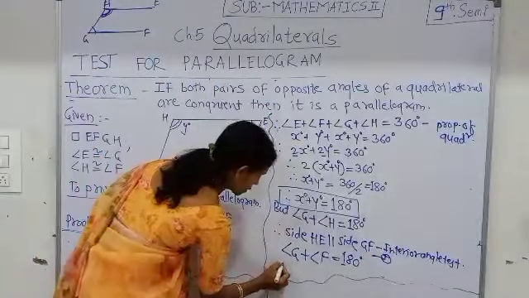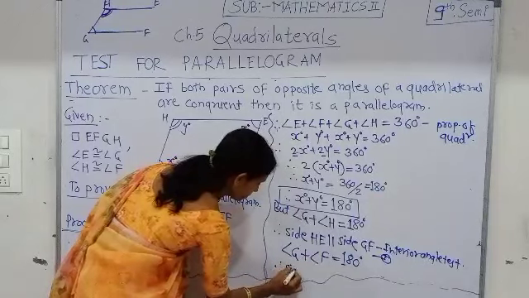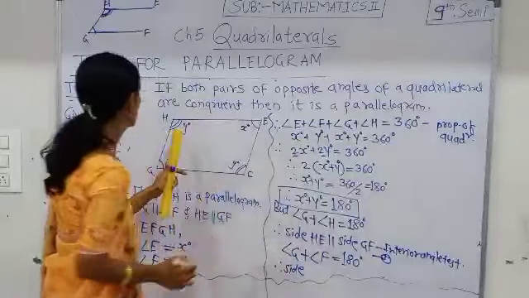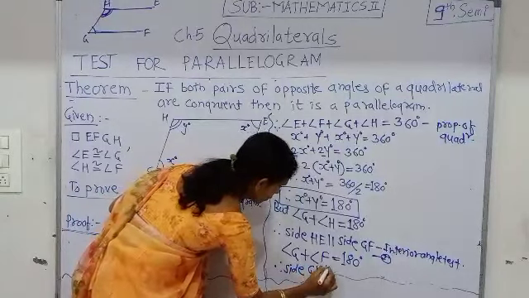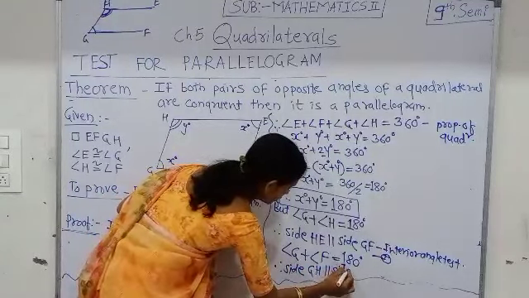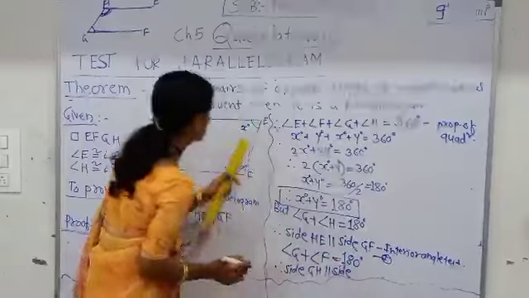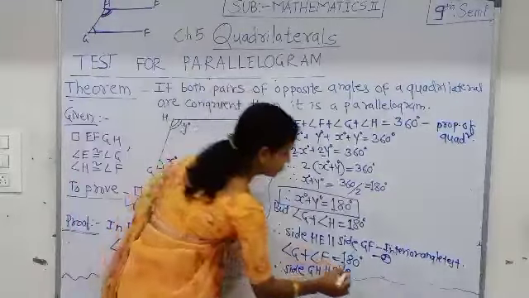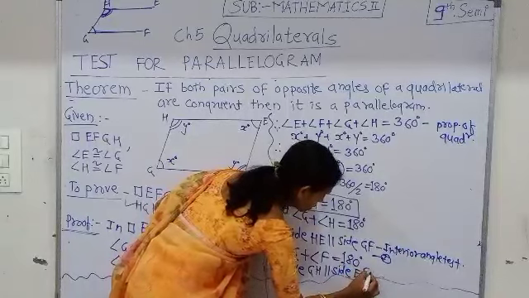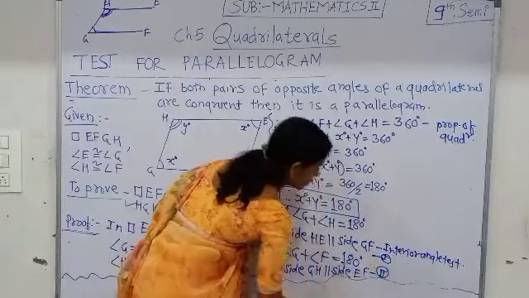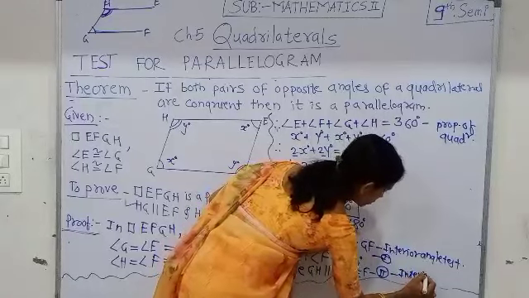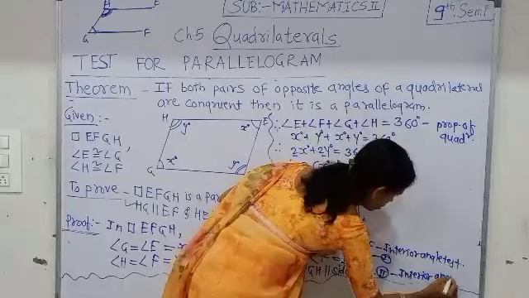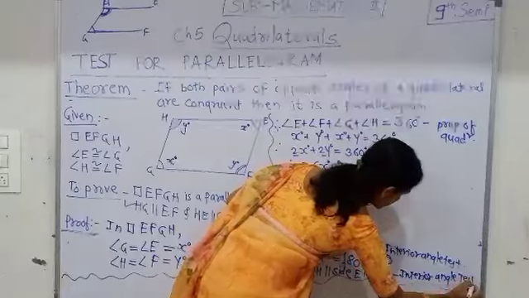Therefore side HG, or GH, is parallel to side EF. Let us consider that equation number 2, because of the interior angle test.